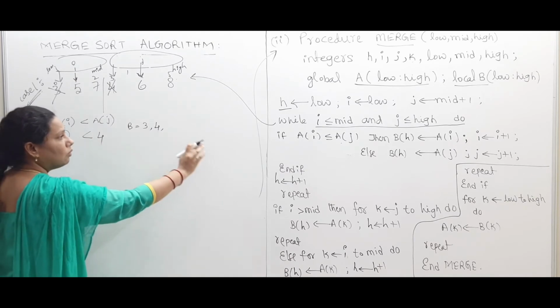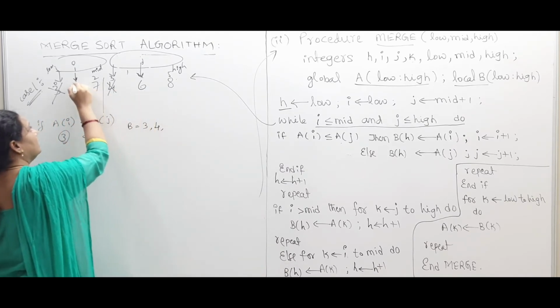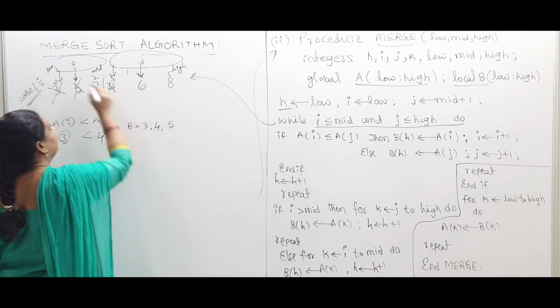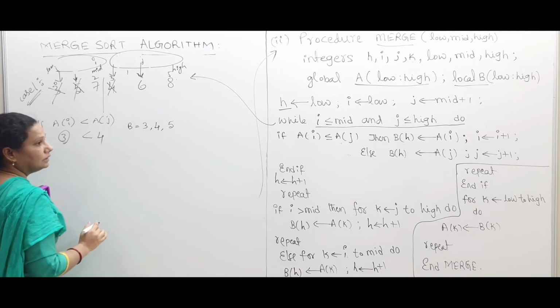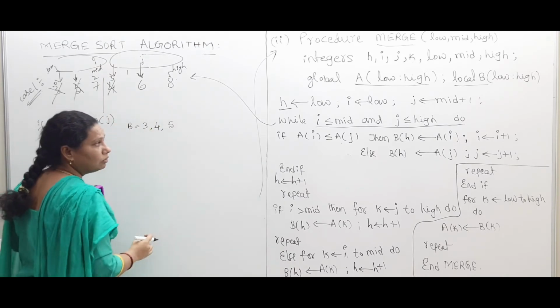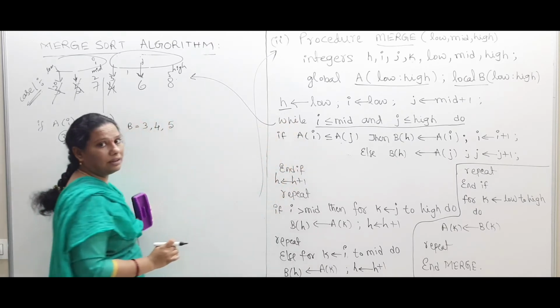This process goes on. Again compare A of I and A of J. Which is having less? Now I is having less. Then what you have to do? Again increment I by 1. Like this the process goes on. This is explained in case 1.